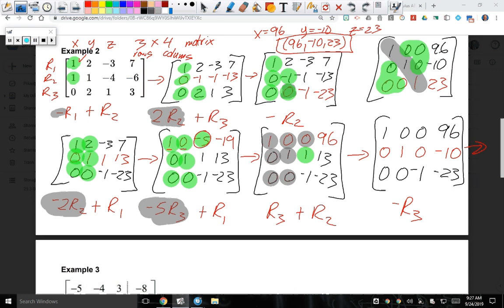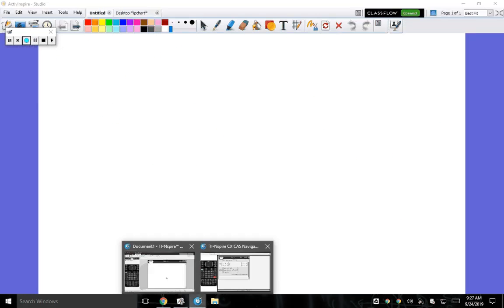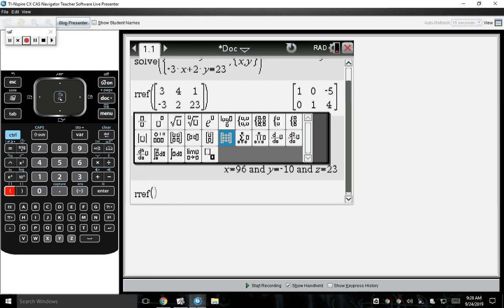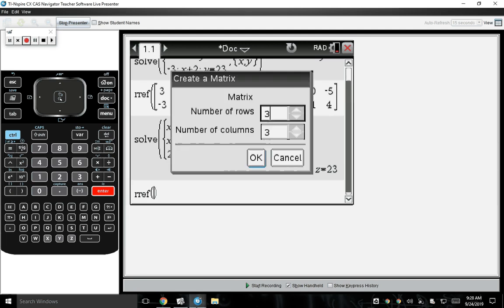The last way to check it that I will show you before we go on to our next example is going to be RREF. You have to type that one out. RREF, parentheses. Press that button next to the 9 that has this menu drop down. 3 by 3. We're going to change it into a what? A 3 by 4. So click down, delete, press 4, and just press enter.